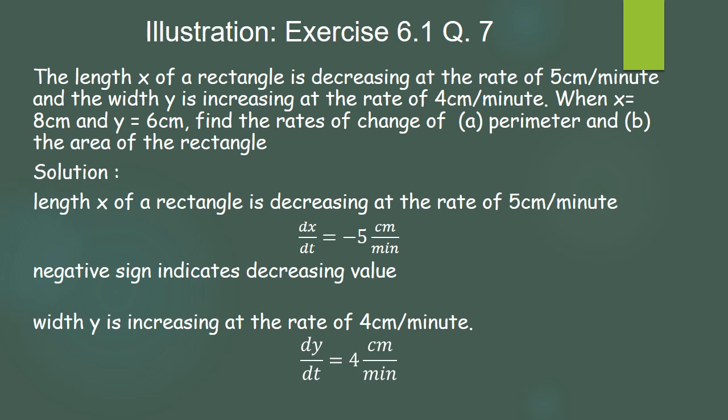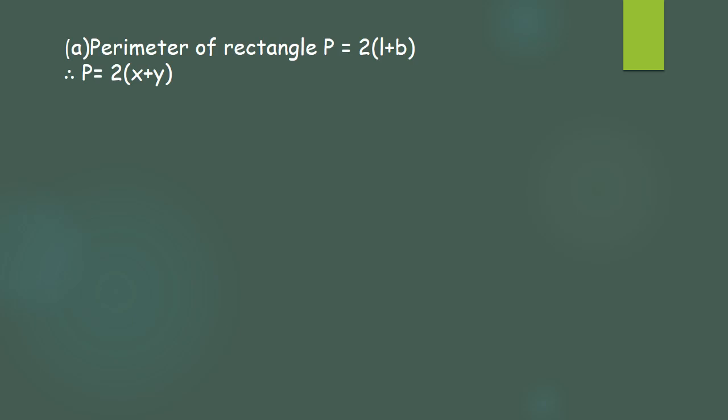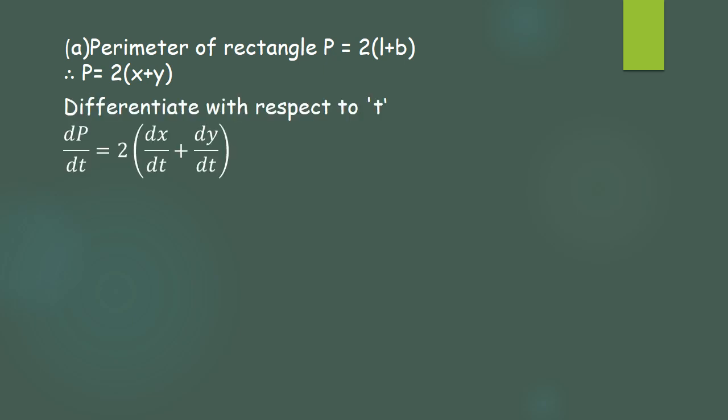They have asked to calculate the rate of change of perimeter. We know that the perimeter, denoted by P, has the formula 2 times of L plus B. Therefore, P will be equal to 2 times of x plus y. We'll differentiate this with respect to t. Then we get dP by dt will be 2 times dx by dt plus dy by dt.